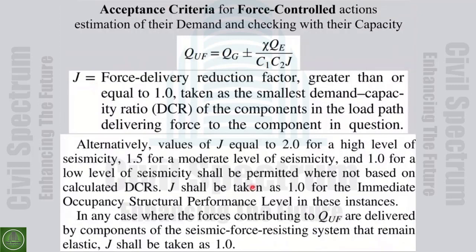Therefore, some parts of code are mentioned here on how to calculate this J. How to divide by C1, C2 is clear, but for J, there are a few ways of estimating that. First is to look at the damage in those deformation control elements.